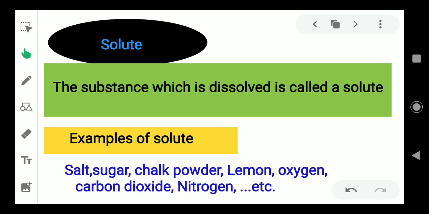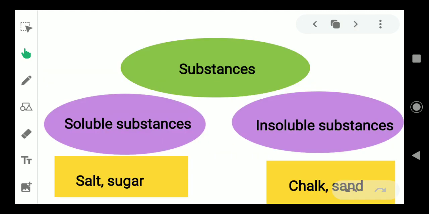That substance which is dissolved in that water or liquid is called solute. Examples of solute: salt, sugar, chalk powder, lemon, oxygen, carbon dioxide, nitrogen, etc. Do you understand what is solute? The substance which is dissolved is called a solute.